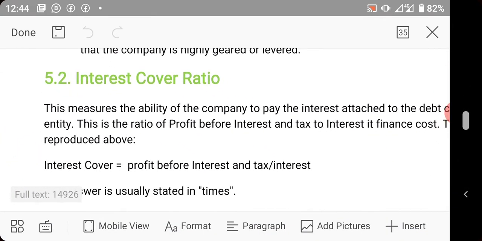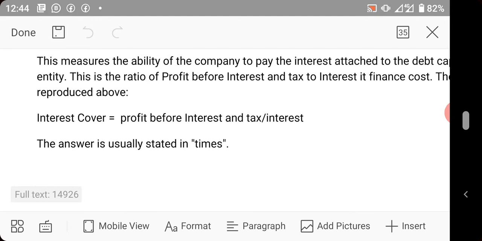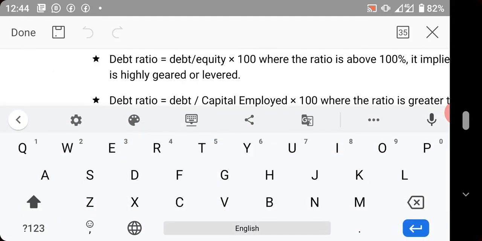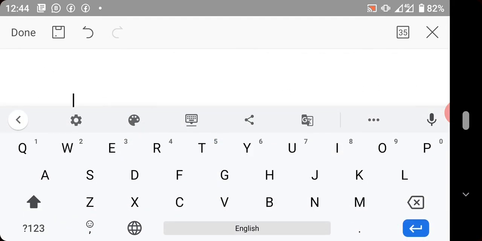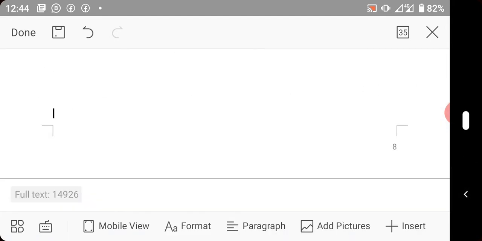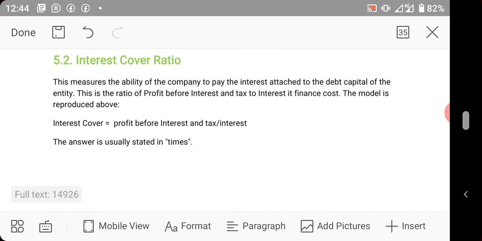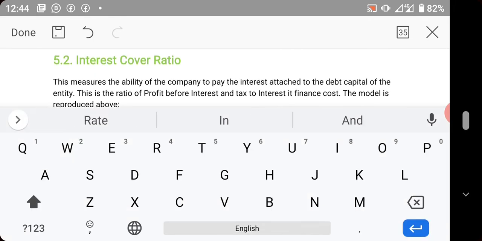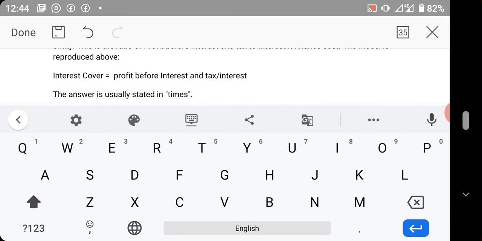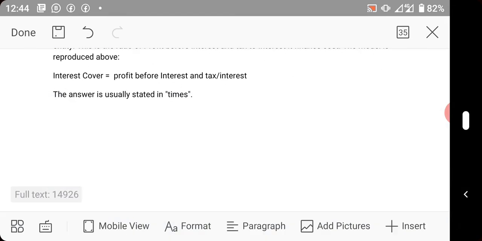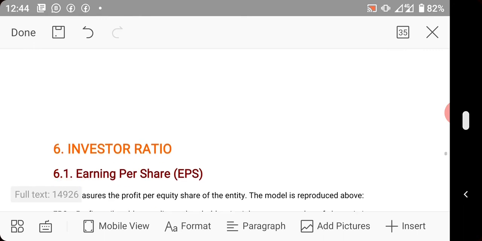The interest cover ratio also tries to measure the ability of the company to pay the interest attached to the debt capital, and the formula is profit before tax over interest. Profit before tax over interest, and it is measured in times.